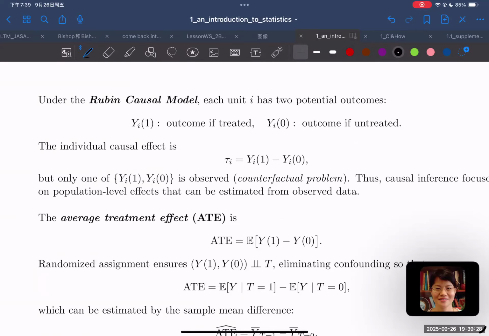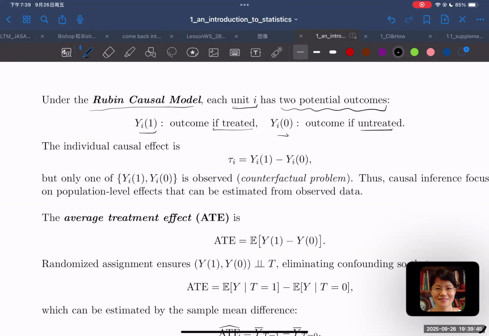Number one, under the Rubin causal model, each unit has two potential outcomes, Y1 and Y0. Y1 is the outcome if treated, and Y0 is the outcome if untreated.